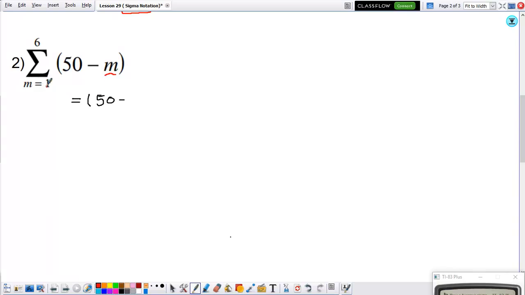So the first thing I'm going to be substituting is 1, close parenthesis. Notice that this is the first term that I'm going to substitute. Now I need to substitute again, but this time I'm going to use the next number, which is 2. So now I'm going to have 50 minus 2, plus, I'm going to reach the next number, which is 3.